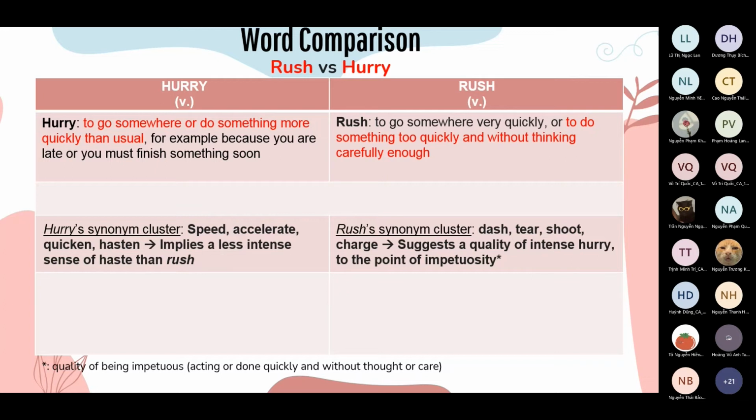If you look down in the footnote, you see that impetuosity is the quality of being impetuous, which is acting or done quickly without thought or care, which reinforces the point I made up there in the first row in the comparison between hurry versus rush.